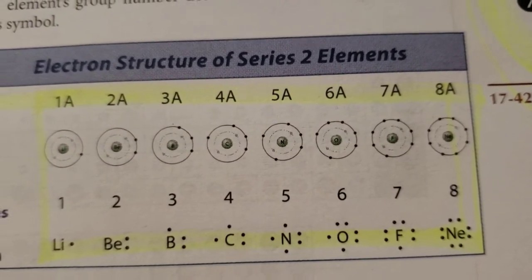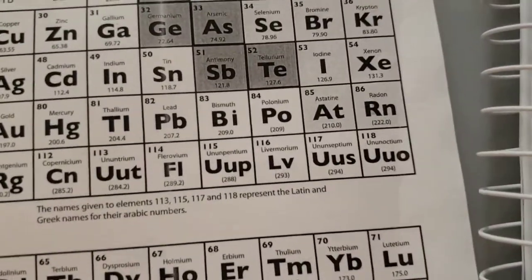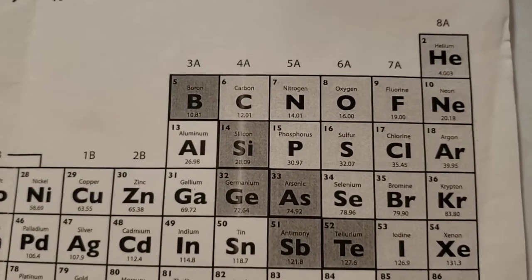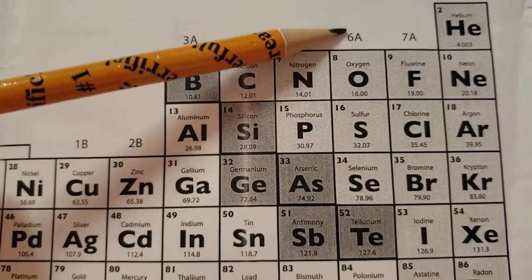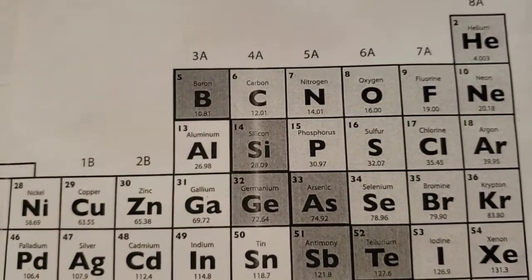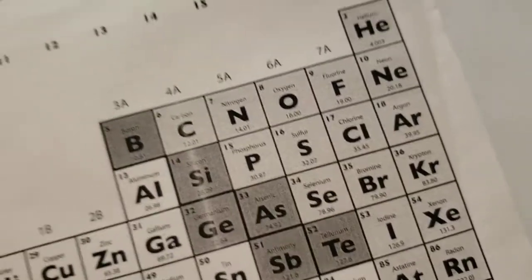So let's pick, let me flip my paper over. Let's look at sulfur. So if you notice, sulfur is in the 6th column, so we know it has 6 valence electrons.